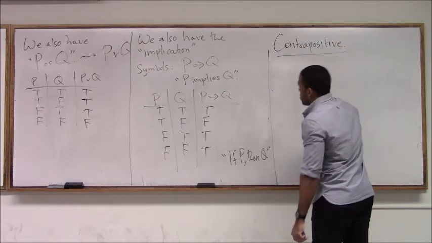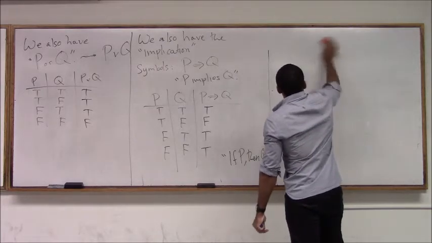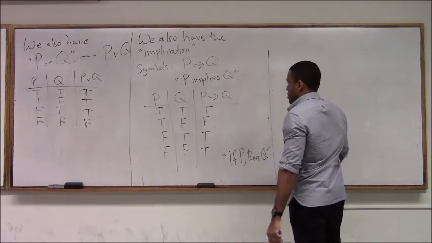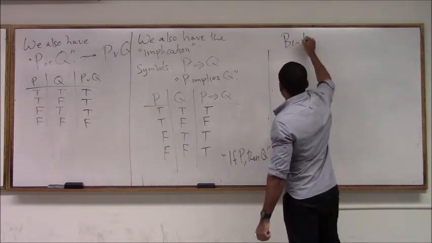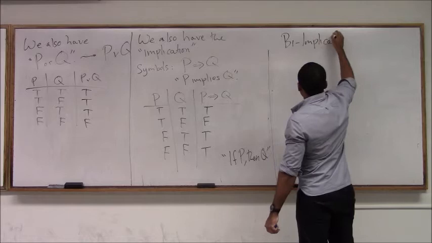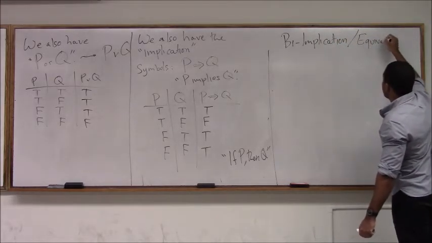Well, I don't actually want to introduce that yet, because I want to introduce that in the context of a proof. We could do something that's called a biimplication. These are equivalent statements.